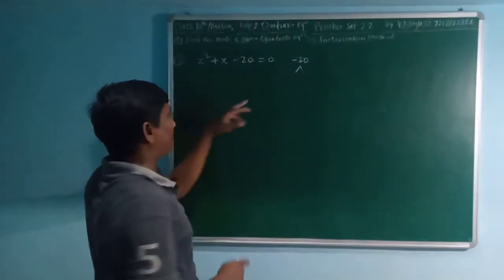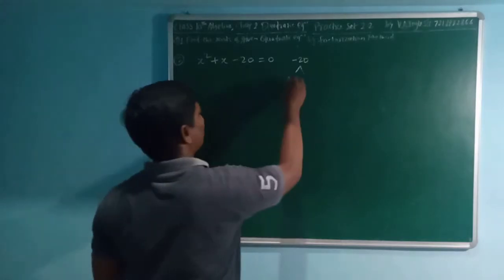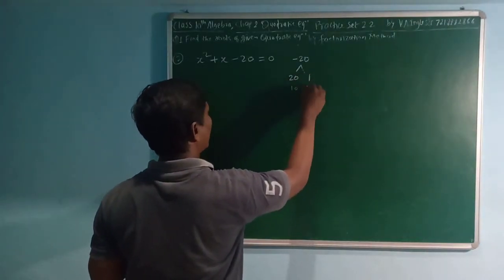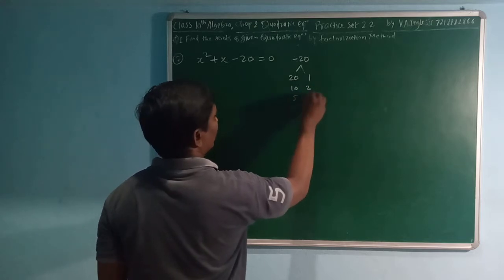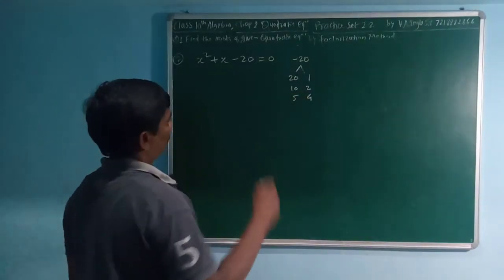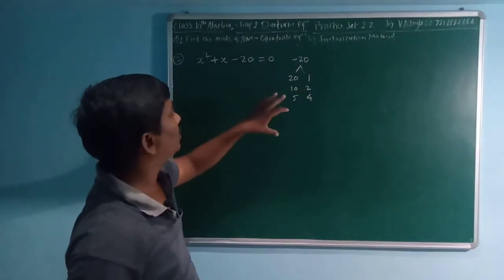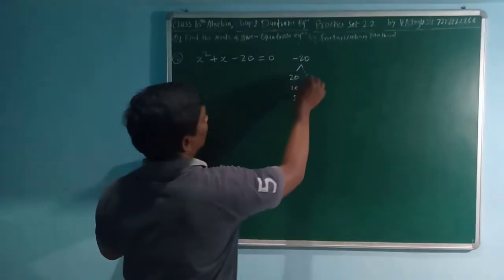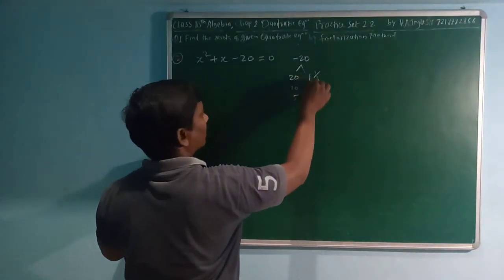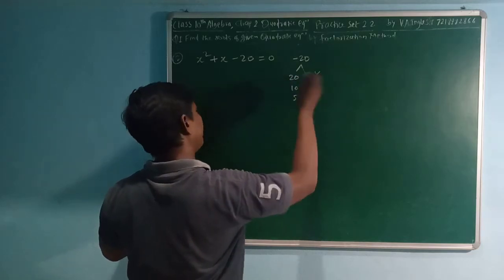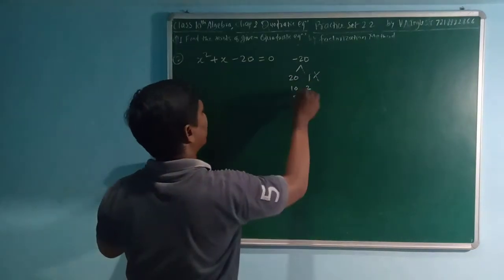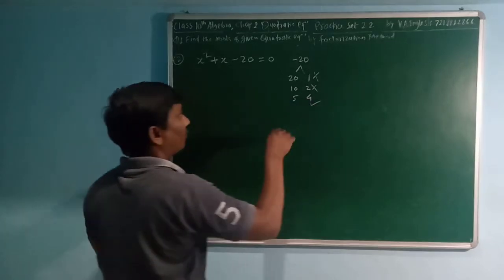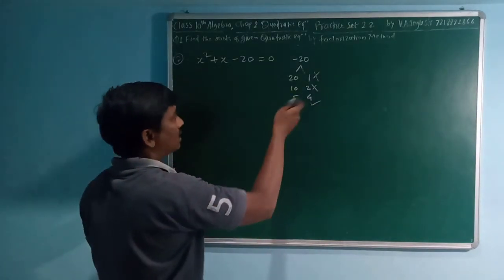If we factorize minus 20, you know the factors of 20 are 20 and 1, 10 and 2, then 5 and 4. Now you have to check which pair suits the middle term. So this will not suit, because either subtraction or addition will not give 1. This will also not suit. This will suit, but you have to go for the sign.